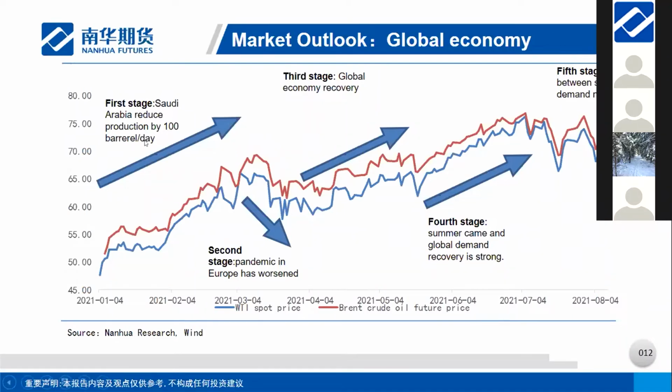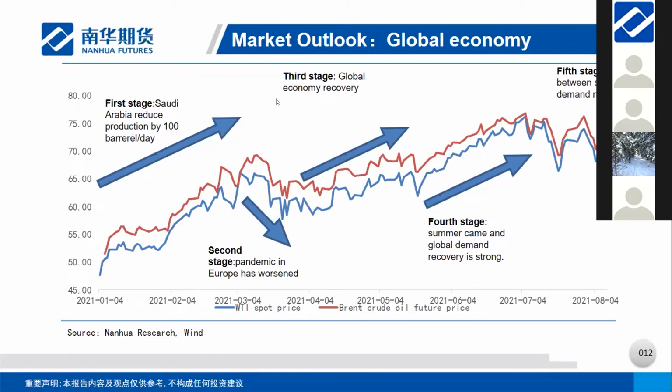In this stage, we can see that WTI crude oil rose from $50 per barrel to $65 per barrel, and Brent crude oil rose from $51 per barrel to about $68 per barrel.